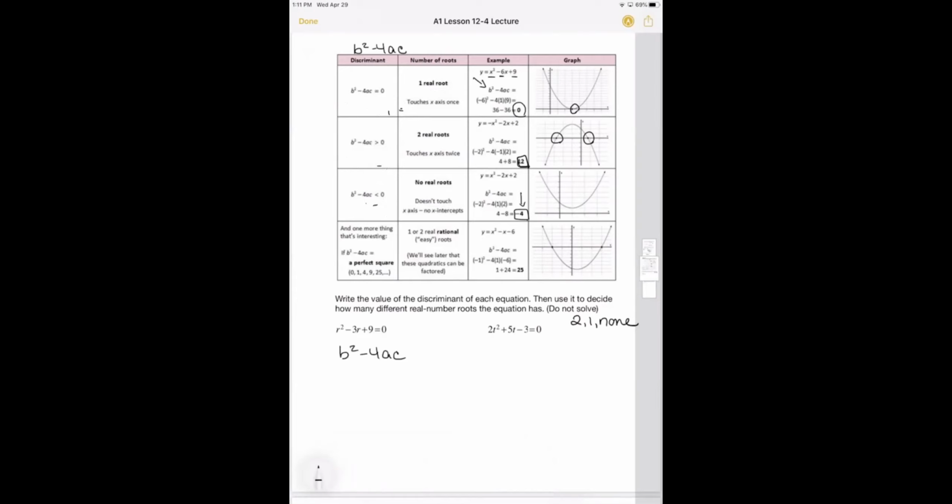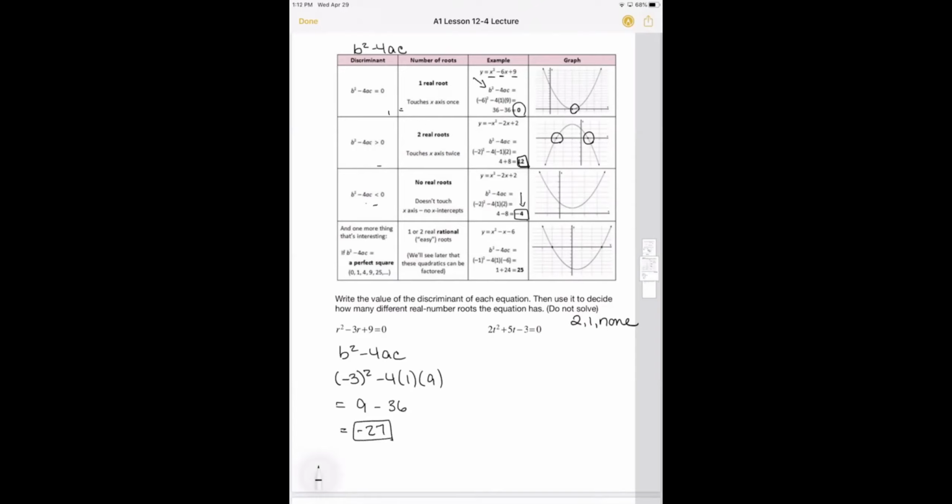Okay. Now what is b? b is negative 3. So I'm going to do negative 3 squared minus 4. A is 1. C is positive 9. So what I've got here is 9 minus 36. Well, 9 minus 36 gives me negative 27. So I would box that.